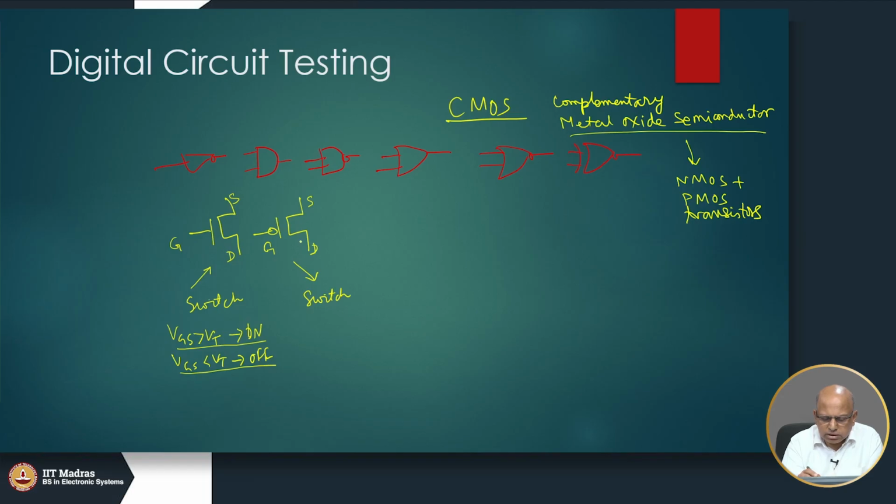So, this is just the opposite. So, applying logic 0 to VG turns the PMOS transistor on. Applying logic high to G turns it off.